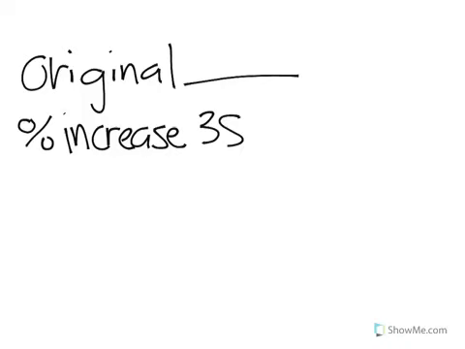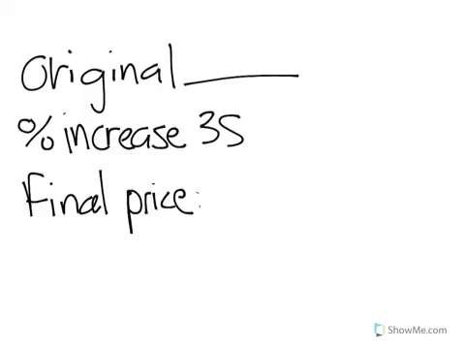What we don't have is the original price. Okay, we do have the fact that it was increased by 35%. And we do know that the final price was 85.